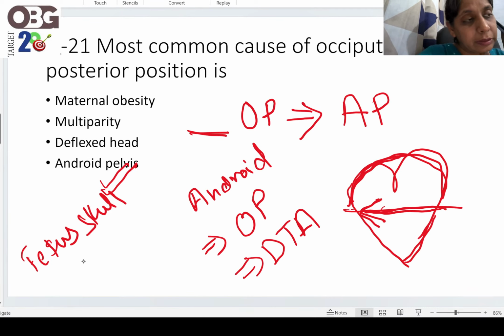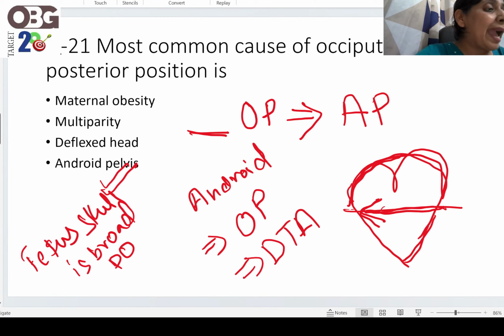The fetal skull is also broad posteriorly, and the android pelvis is also broad posteriorly. So the broad fetal part will go into the broad pelvic part. That is why the android pelvis is the most common cause, okay.